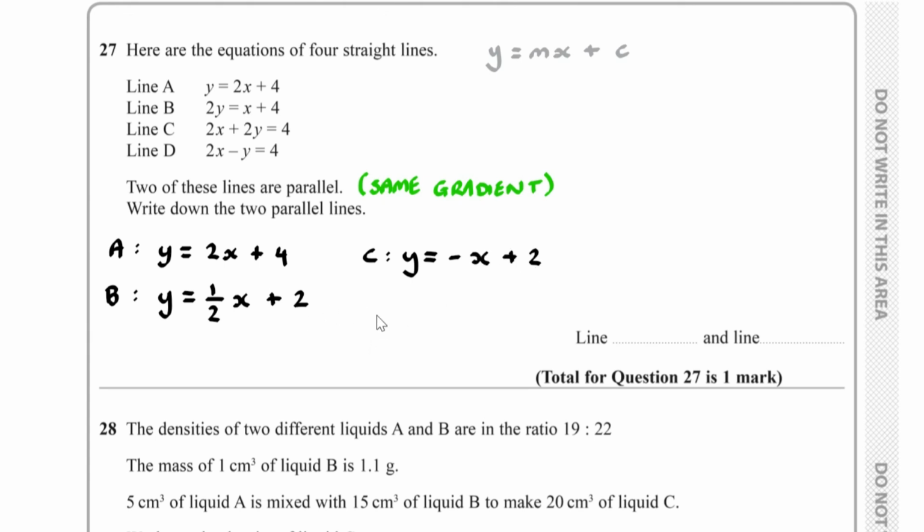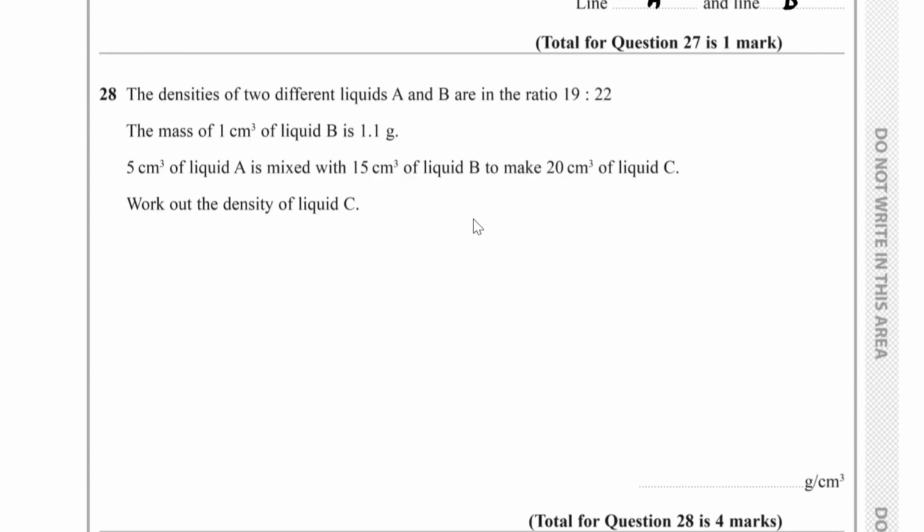And if I take a look at line D, if I rearrange, y equals 2x minus 4. Which ones have the same gradient? Well, A and D have the same gradient. So we've got A and D.